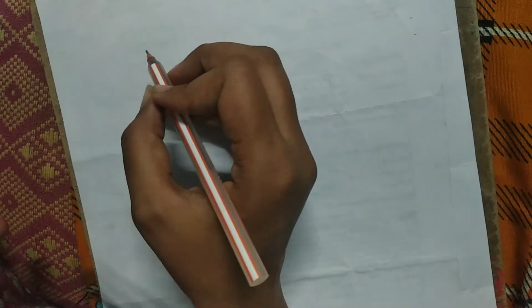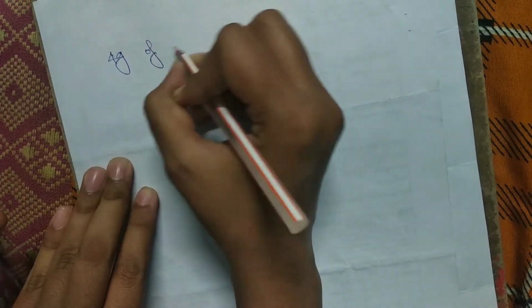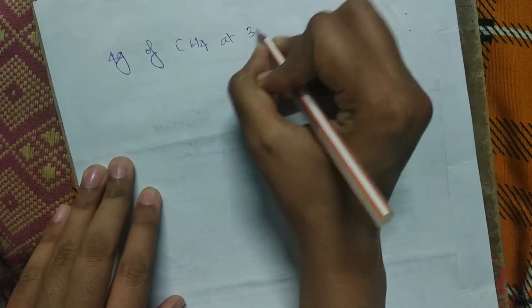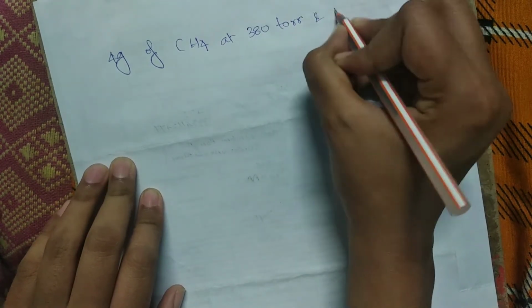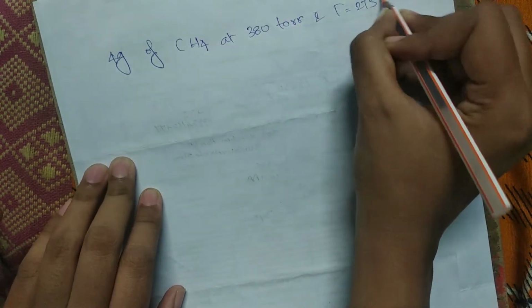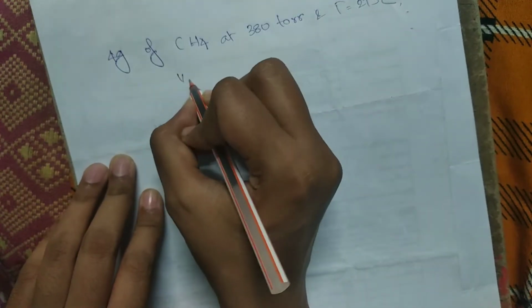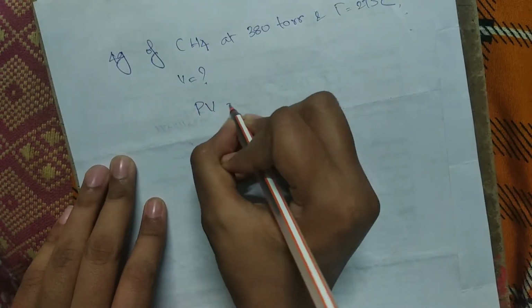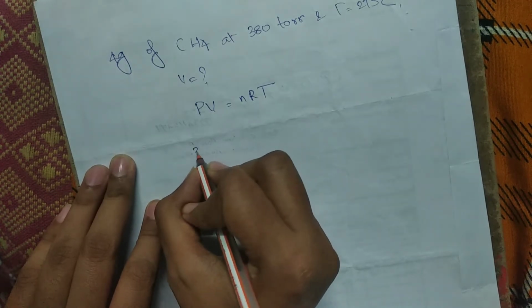And the fourth question is 4 grams of methane CH4 at a pressure of 380 torr and temperature is 273 degrees Celsius, and they are asking to find out the volume. So as per the ideal gas equation, PV is equal to nRT. Pressure is here 380 torr.